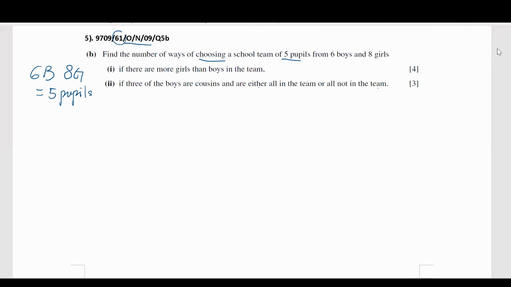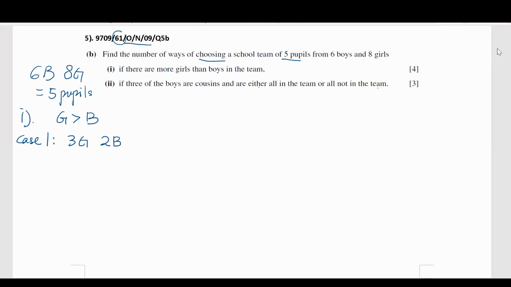Now, for part 1, if there are more girls than boys in the team, to have a selection of more girls than boys, we need to consider the number of ways in different cases. Case 1, we can have 3 girls and 2 boys.